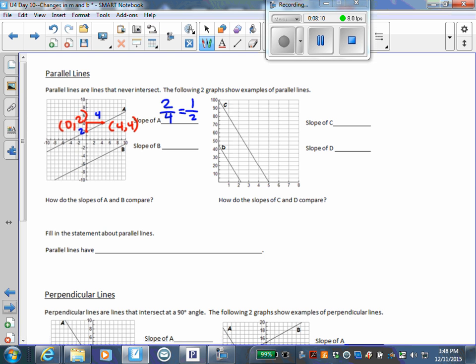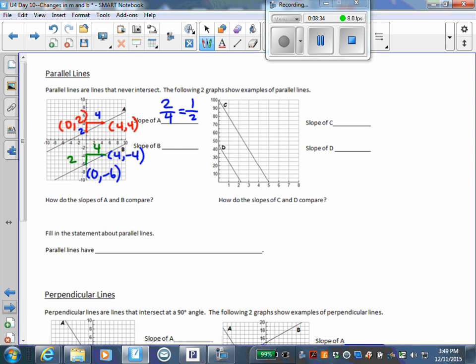Slope of B has a point at 0, negative 6, and it has another point at 4, negative 4, right here. So label your points on your paper, and then to find its slope, I'm going to do the rise over the run. From negative 6 up to negative 4, it's going up 2, and it's going to the right from 0 to 4, over 4.